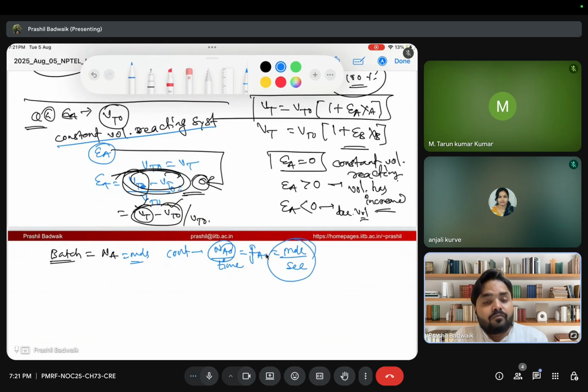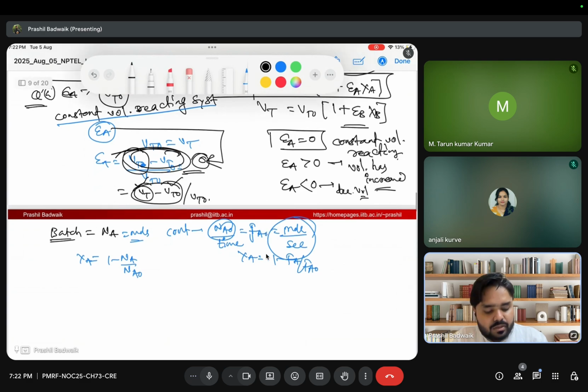Here it is a flow system where the quantity changes with respect to time, and hence we need to convert to the flow rate. So Xa is equal to 1 minus Na divided by Na naught, and here Xa would be equal to 1 minus Fa divided by Fa naught.